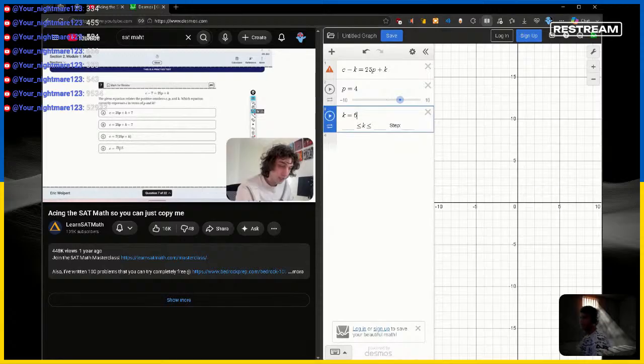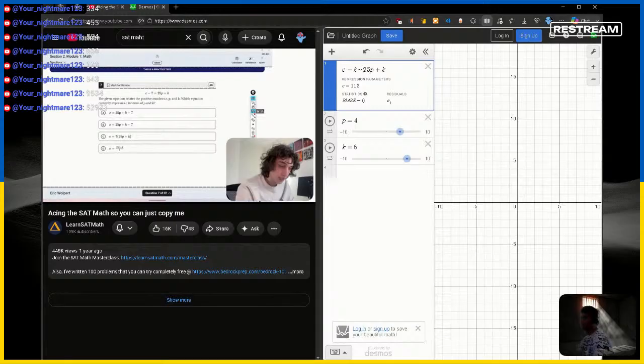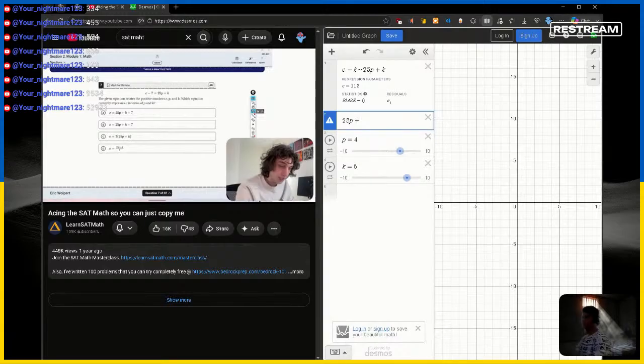Now we're trying to find C. It gave us that C is 12. So if I do this, C, P plus K plus, is that, nah, that was like one point close. Plus K minus 7.